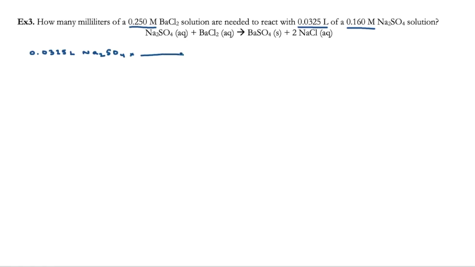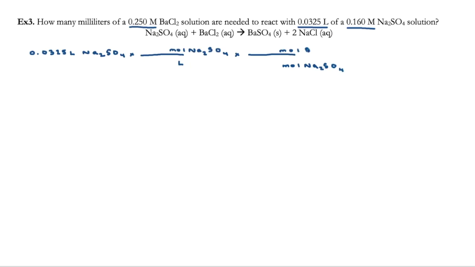So I'm going to put liters of sodium sulfate on the bottom and moles of sodium sulfate on the top. I'm going to keep going though, because I want to get out of moles of sodium sulfate and into moles of barium chloride, which is what I am concerned about. So I'm going to put moles of sodium sulfate on the bottom, and I'm going to put moles of barium chloride on the top.